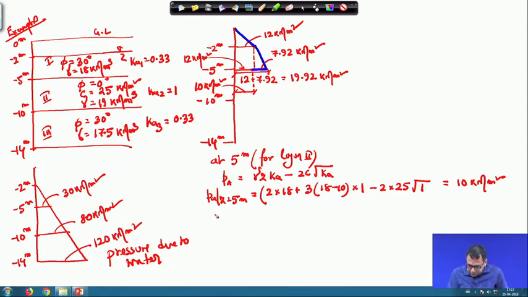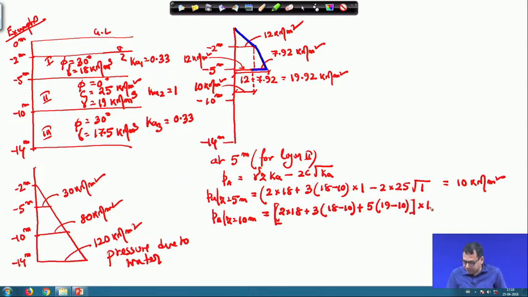Okay. So, now I will calculate Pa at z equal to 10 meter. I will use the same expression, but here the unit weight will change. So, the effective overburden pressure will be 2 into 18 plus 3 into 18 minus 10, then plus 5 meter with unit weight 19 minus 10. That will be multiplied by 1, that is the Ka2, and then minus 2 into 25 root over 1.